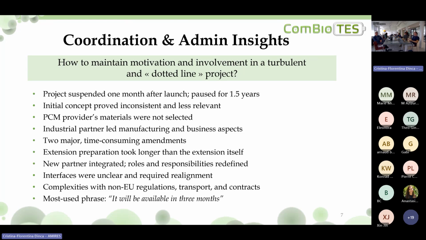So from just coordination and administration, not about technical aspects, but really coordination, the main question, and I'm not sure I was the best person to really do that, is how do you maintain motivation and involvement of teams from different groups, different countries, with different constraints, when you have a kind of dotted line project.